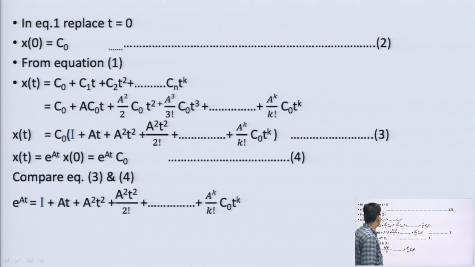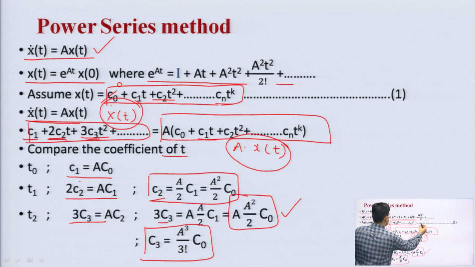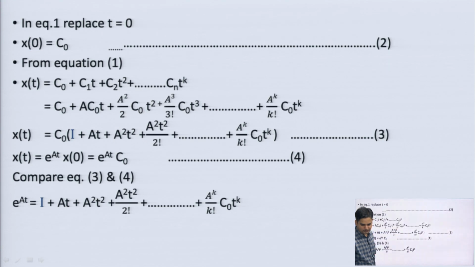In this, if we see equation number 1, where x t equal to e raised to A t times x 0, and if I put time t equal to 0, I will get x 0 equal to the constant, that is c naught. So, from equation 1, this is the expression.